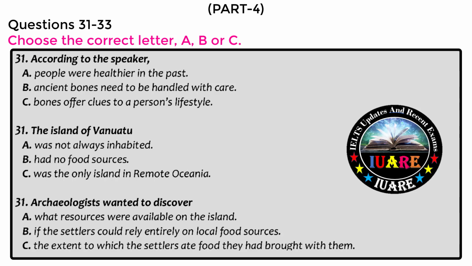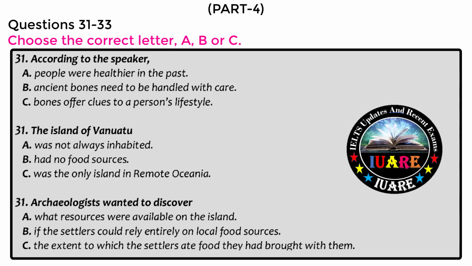I'd like to talk to you today about some research into the early settlers of some remote tropical islands in the Pacific. When these people travelled to these new lands 3,000 years ago, they had to bring along all the resources they needed for survival, including food, plants and animals from their original homes.